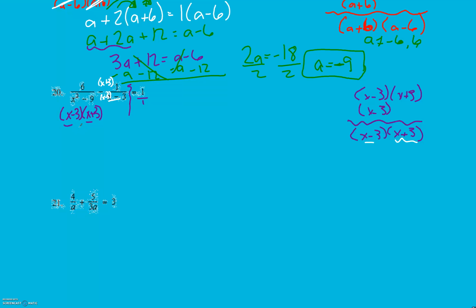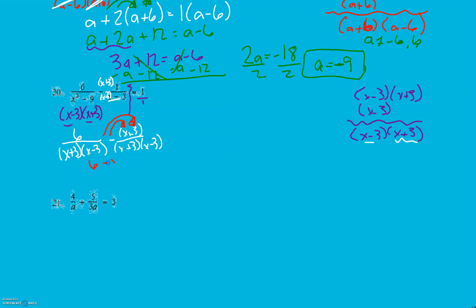Here I'm combining the left side first. So what I have right now is 6 over x plus 3, x minus 3, minus x plus 3 over x plus 3, x minus 3, which I can combine. Again, remember this negative goes to both pieces.